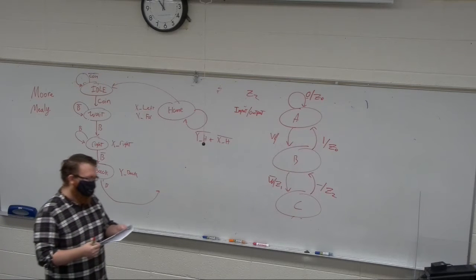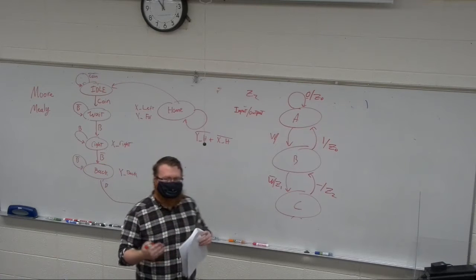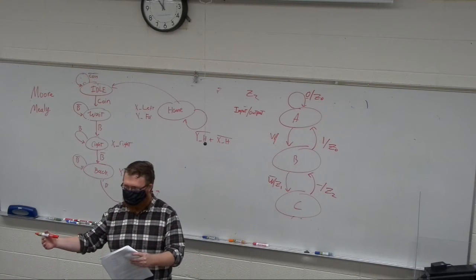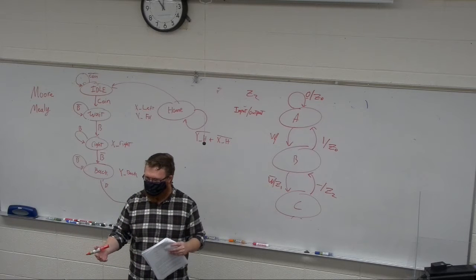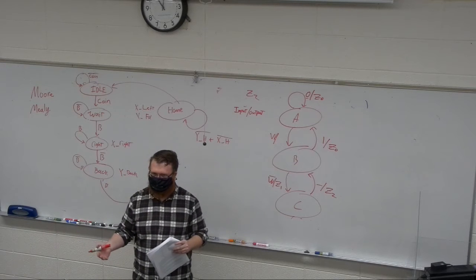So the rules are, if states have a common next state, they should be adjacent as far as numbering goes, if possible.